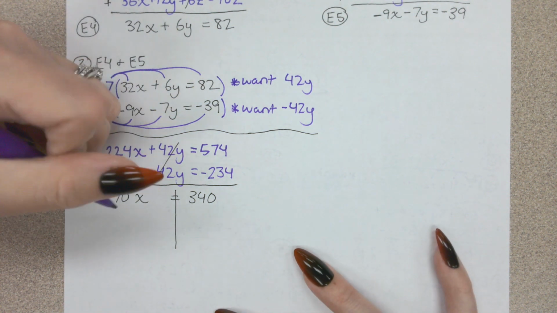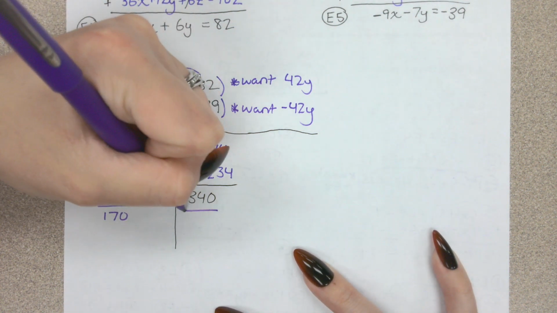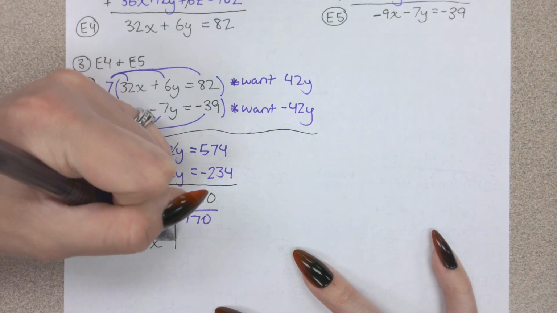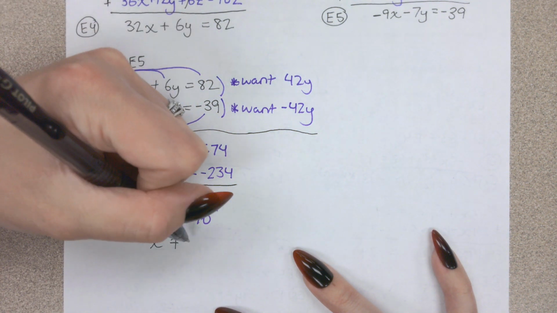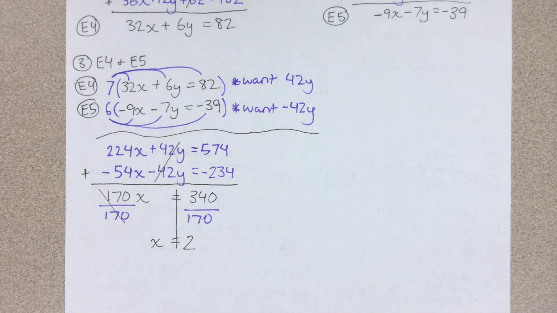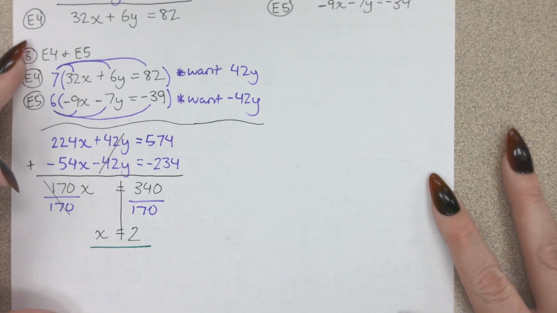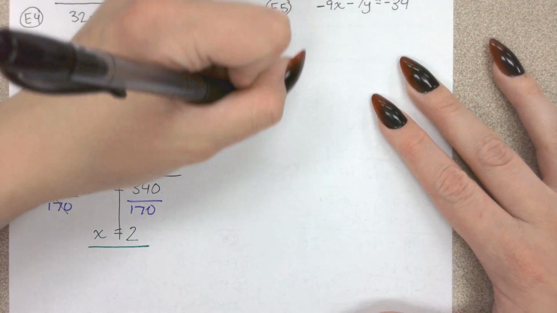I just need to divide by 170 on both sides. X equals 340 divided by 170, 2. Reminder, once we find the first number, the first letter, the rest of the problem unfolds very easily and quickly. So that was step 3.